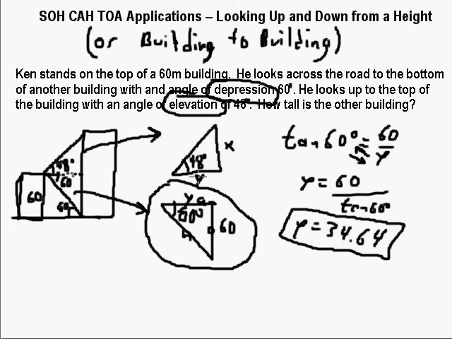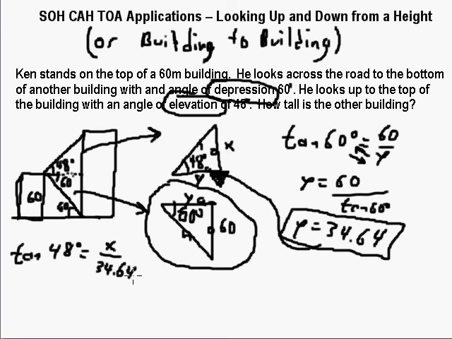Okay, now next thing, I can actually solve for x here. So now that I know y, I'm going to go to this triangle and I'm going to solve. And this is that distance in there, 34.64. Okay, so label this O, H, A, tan again. Going to solve down here. The tan of 48 degrees equals x over, so O over A, which is 34.64.